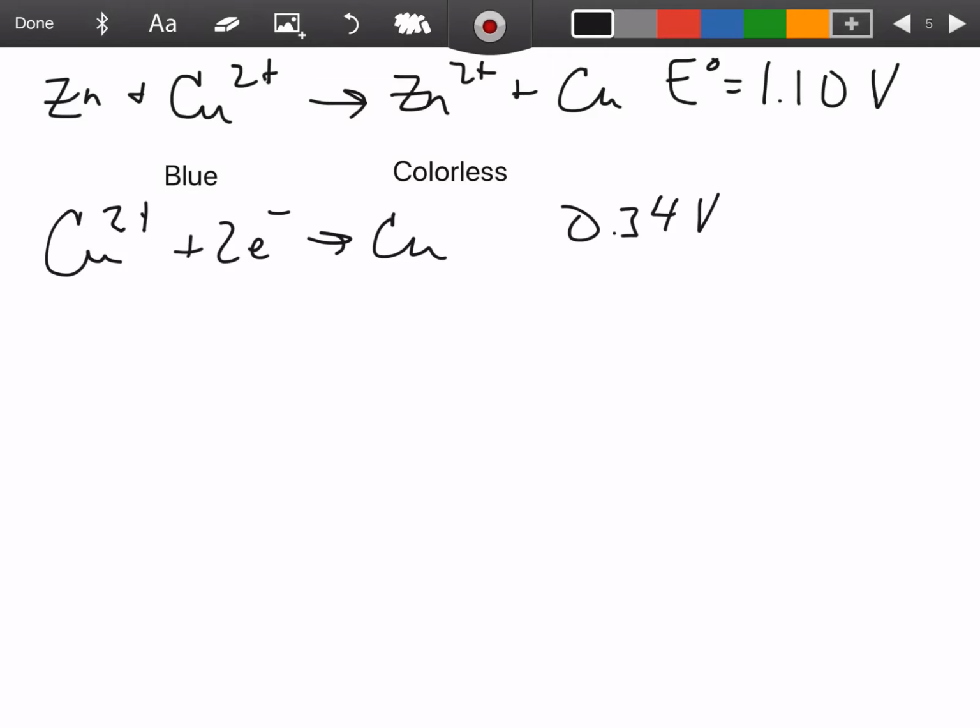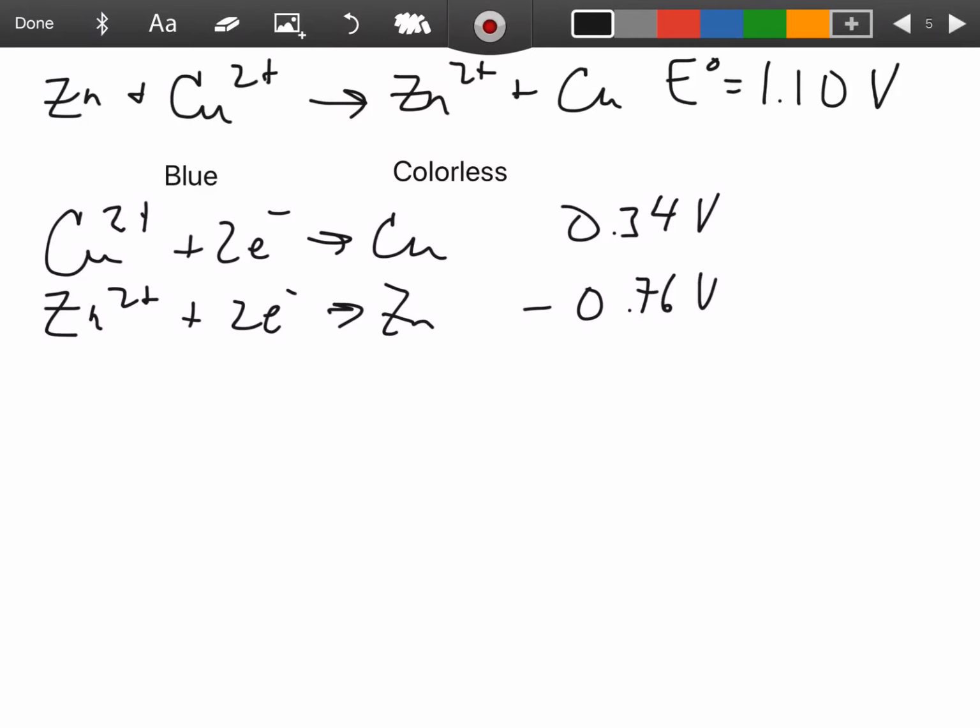This is a reduction half reaction, and when I look in Appendix L, I also see zinc 2 plus plus 2 electrons, giving me zinc metal. This is a negative 0.76 volts. Again, this is a reduction half reaction, and we cannot have two reduction reactions happening simultaneously.